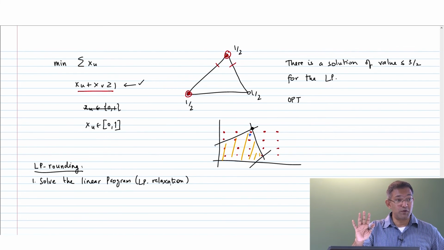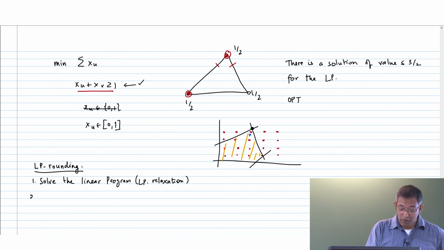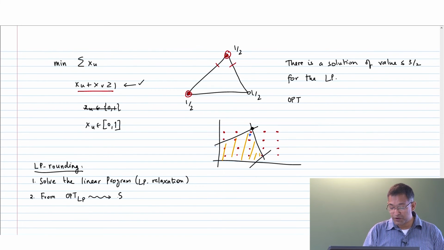Okay. So, you have the solution to the linear program, and now what we want is to use this fractional solution. From the optimal solution to the LP, what we want is a solution that is integral.